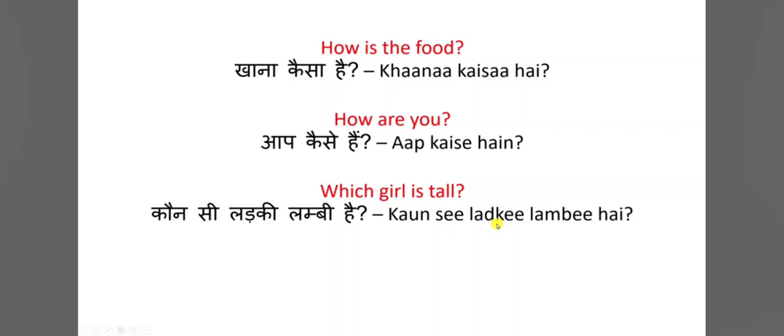For feminine singular, we select कौन सी for which. Here lambi is tall: lamba for masculine singular, lambi for feminine. Ladki is feminine, and so lambi is selected for tall.